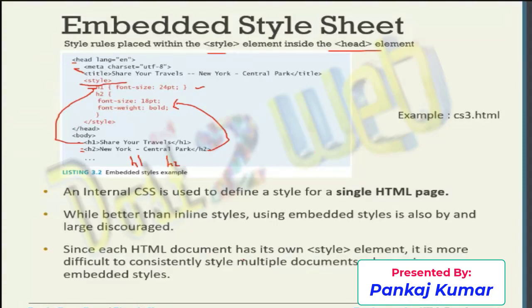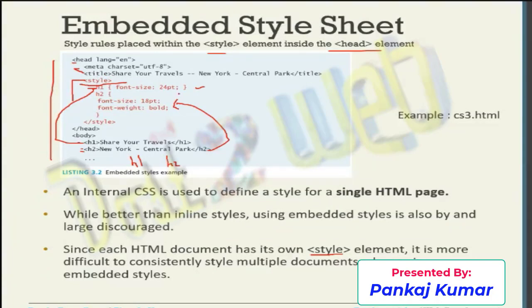Since each HTML document has its own style element, it is more difficult to consistently style multiple documents when you are using embedded style. What does that mean? Whenever you use an HTML document, you are defining each style element in that document, so it becomes more difficult.